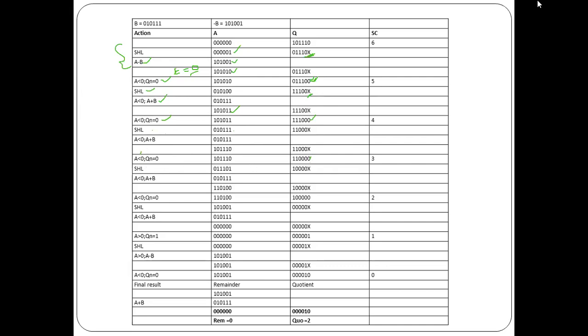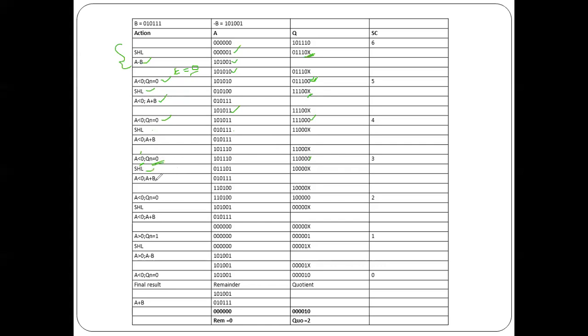See, actually here it is not less than 0, it is less than B. So Qn is 0 here also. Again, shift left.